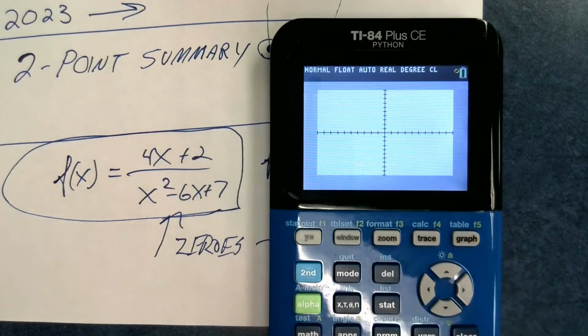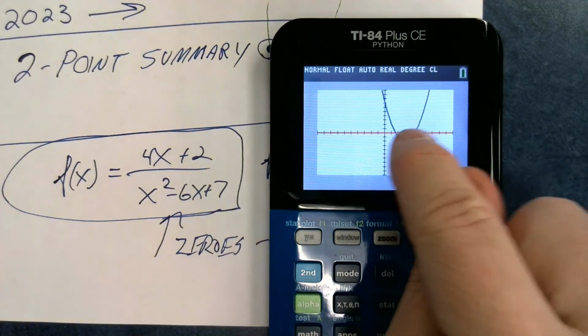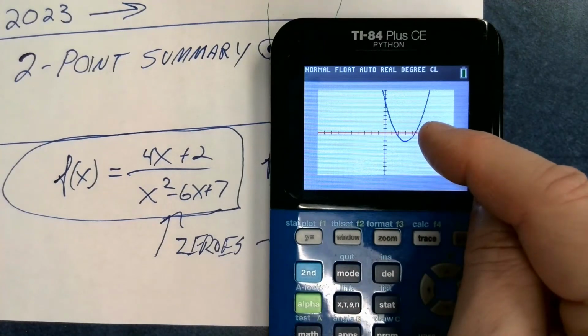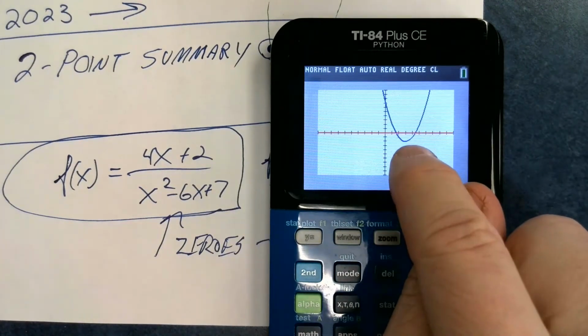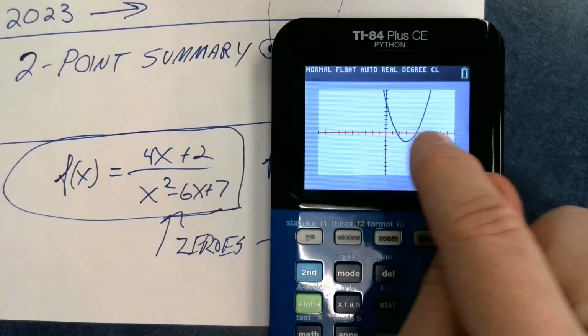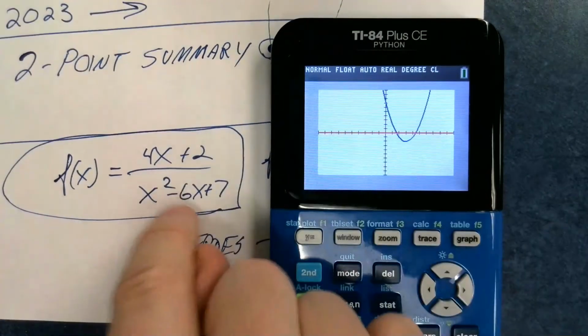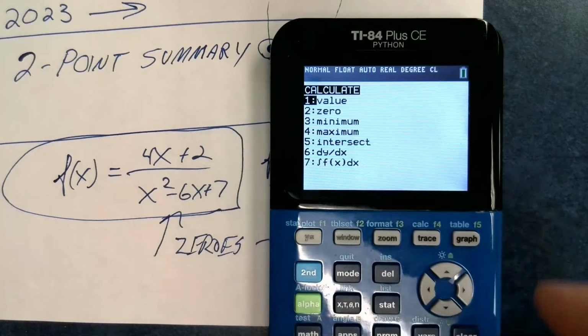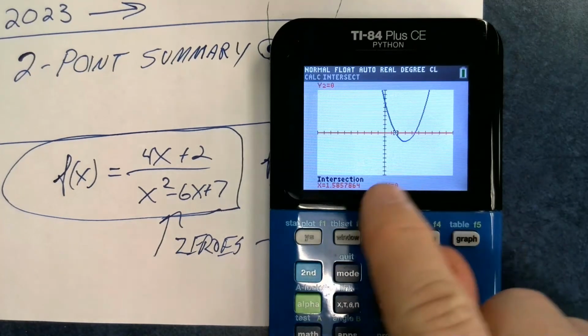When I hit graph, I can see that it touches at those two places, and those two places become the vertical asymptotes for my other graph. So it's going to be negative wherever the denominator is below 0. Second trace, number 5, enter, enter, enter, from 1.585.